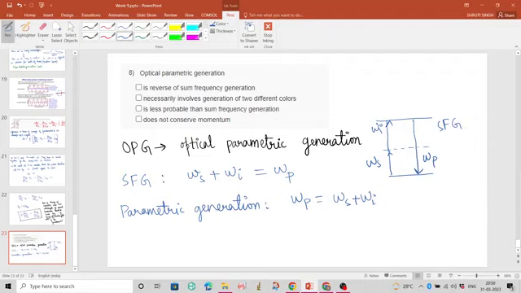This part is the reverse of this. So the first option for this question is obviously correct: optical parametric generation is the reverse of sum frequency generation. But this process is a difficult process.